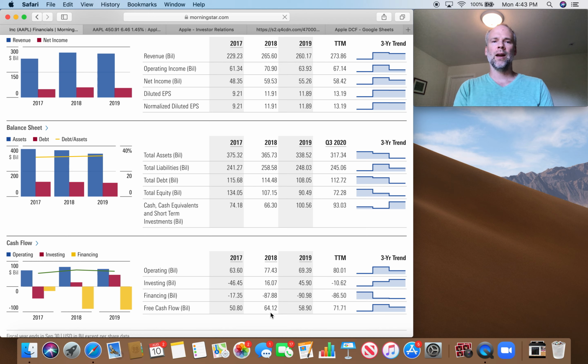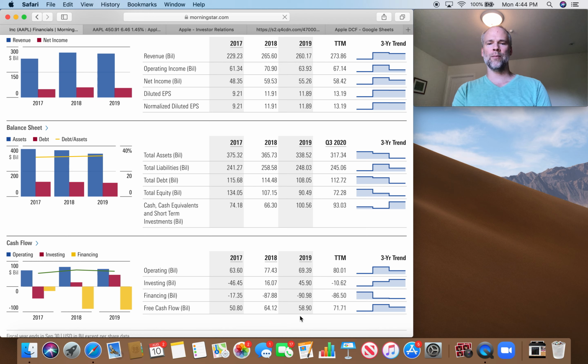So to me, the free cash flow numbers here are not giving us a really accurate representation of what the operating aspect of Apple is generating. So I want to give a better representation of free cash flow from the operating business of Apple. So what I'm going to do is use a free cash flow somewhere in between the 2018 and 2019 figures, because we have an operating income that's somewhere in between the 2018 and 2019 figures.